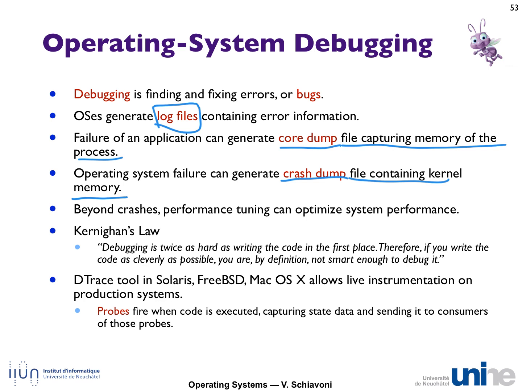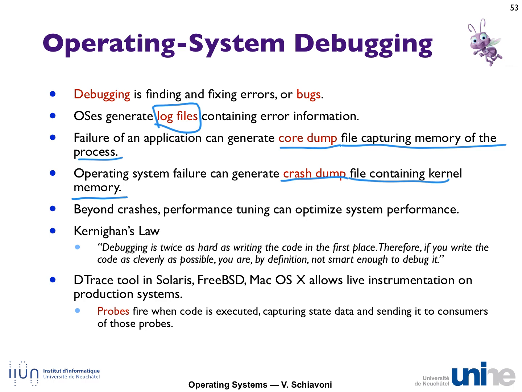And beyond crashes, what is usually done to optimize performance is what we call tuning or performance tuning. One thing that is interesting to know is that there is a good chance that debugging is twice as hard as writing the code itself.